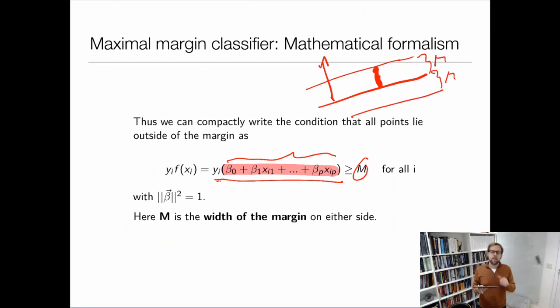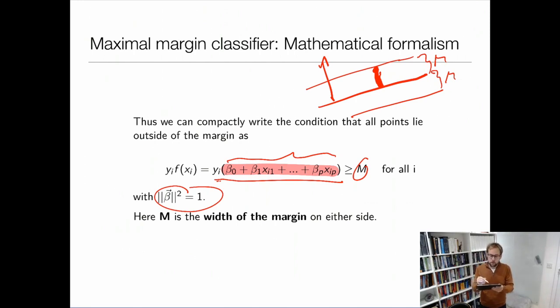This relationship tells me that if this distance, which is exactly the projection of the vector x minus a onto beta, and for this I need beta to be a normal vector of length 1, is bigger than m, then I'm outside.